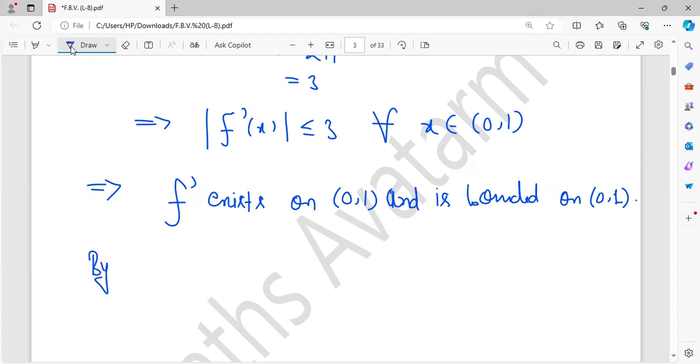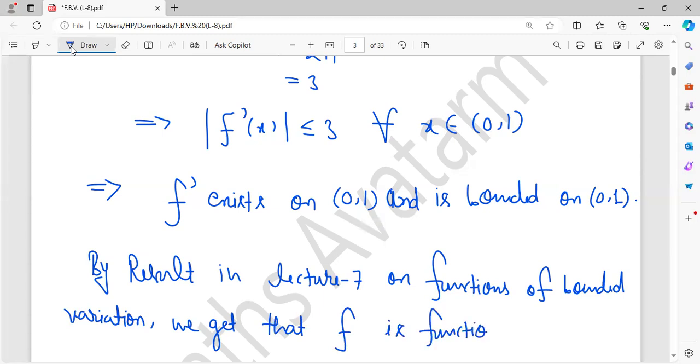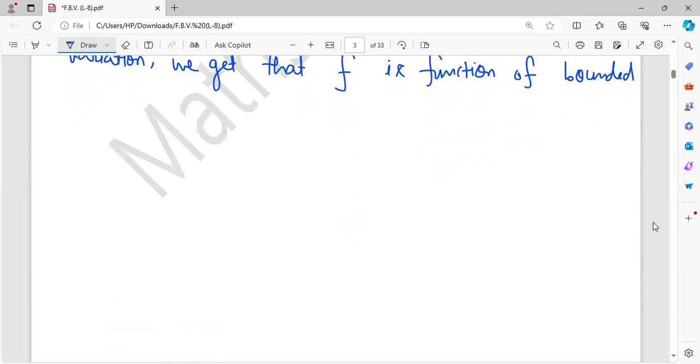By the result in lecture 7 on functions of bounded variation, we get that f is a function of bounded variation on closed interval [0, 1]. Okay. So this is done.